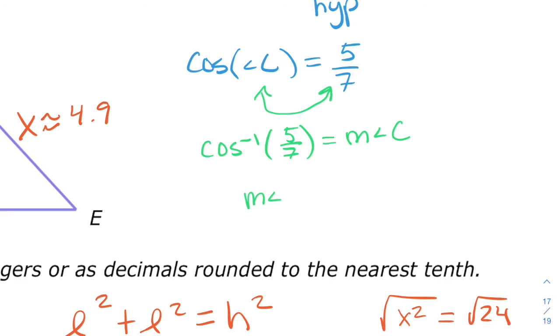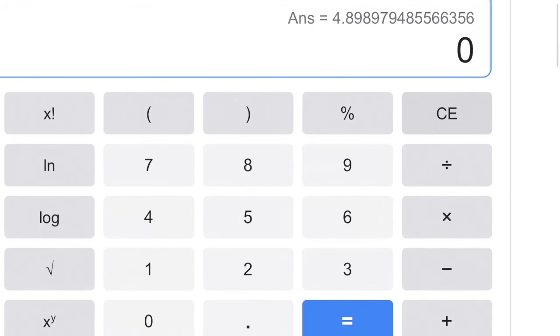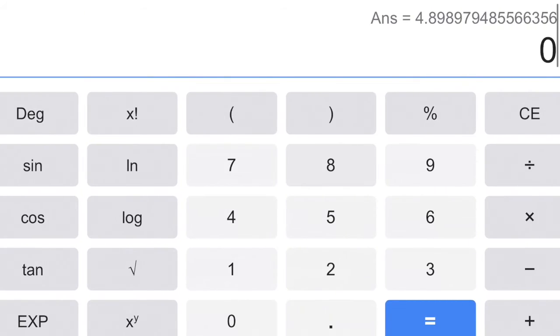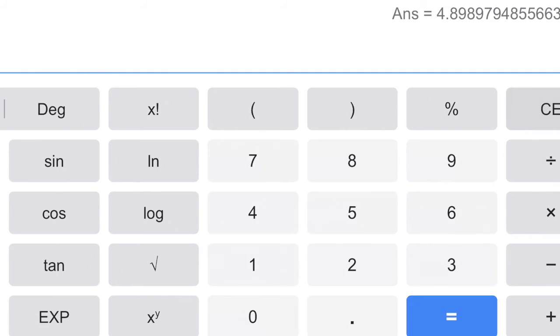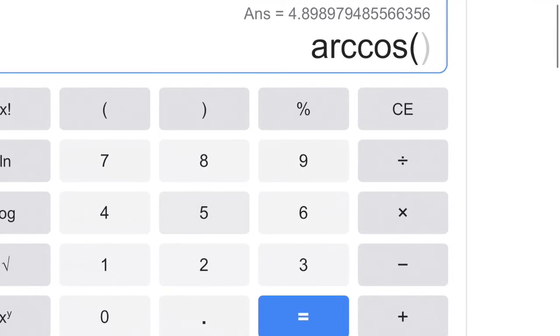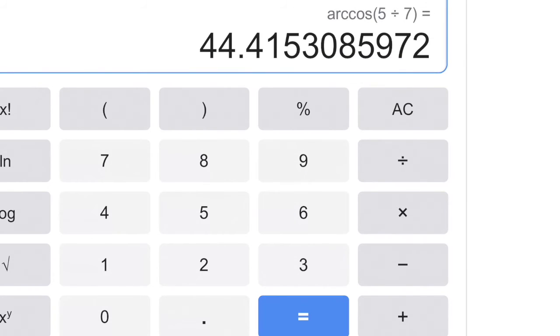So the measure of angle C is approximately equal to, and I'm going to do that in my calculator, inverse cosine of 5 over 7. Arc cosine of 5 divided by 7 equals 44.415.